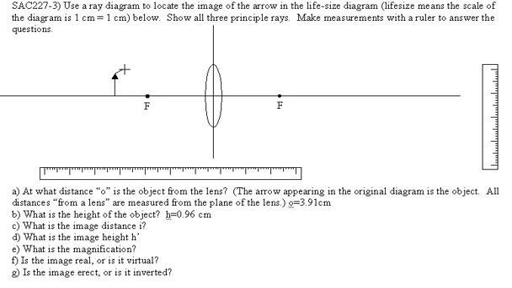One ray comes in parallel to the lens, and when it gets to the plane of the lens, it abruptly changes direction so that it passes through the focal point on the other side. This vertical line is the plane of the lens, and this is the principal axis of the lens.